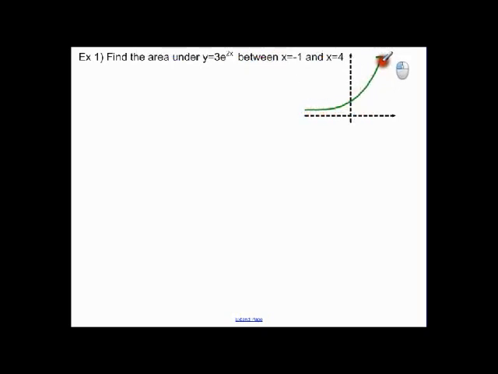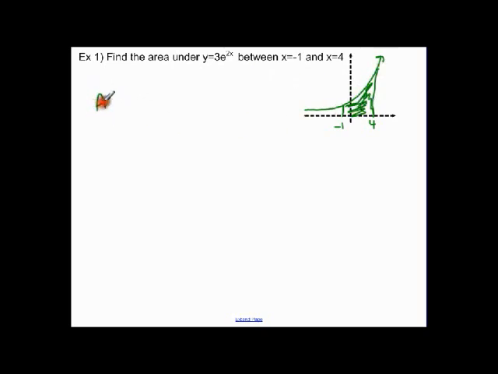And 3e to the 2x just stretches it a little bit, so we're not really worried about an exact amount. We're going to look at the area from -1 to 4. The reason why you need to know what it looks like will come up in the next example. So 3e to the 2x looks like that, and that's the area that we're trying to calculate.